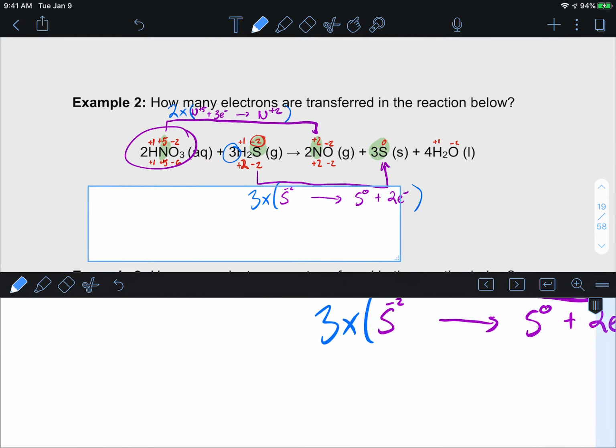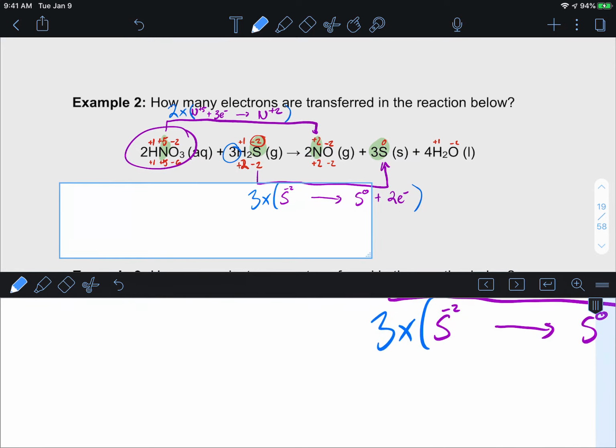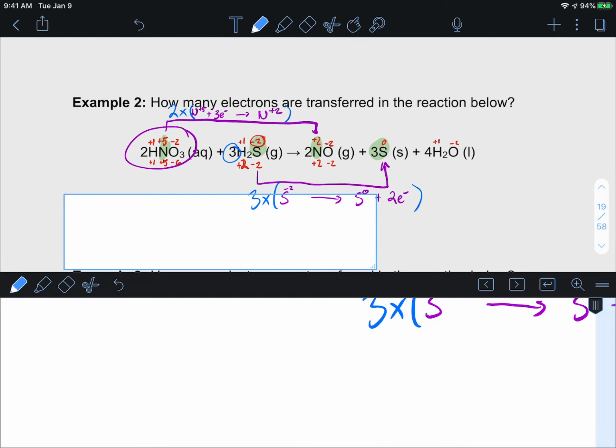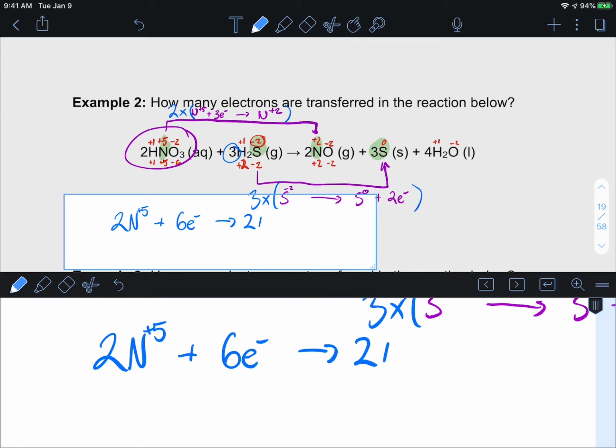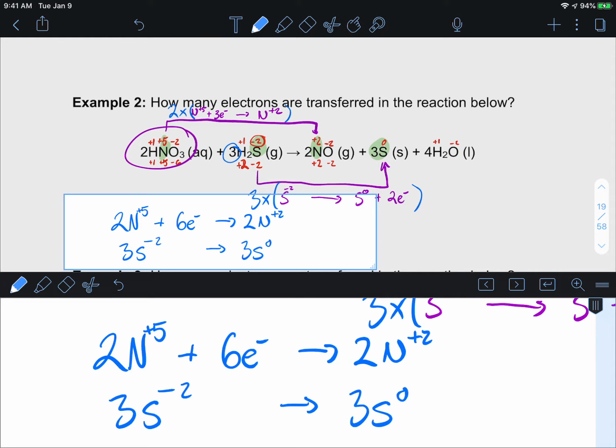So that's how I would look at this. And so then we would just look at what that means for the number of electrons. It means that we have nitrogen +5, and we have 2 of them plus 6 electrons to give us 2 nitrogen +2s in this reaction, and we have 3 sulfur -2s, which are going to produce 3 sulfur 0s, which is also going to be 6 electrons.